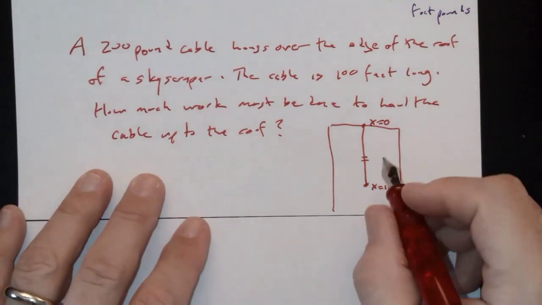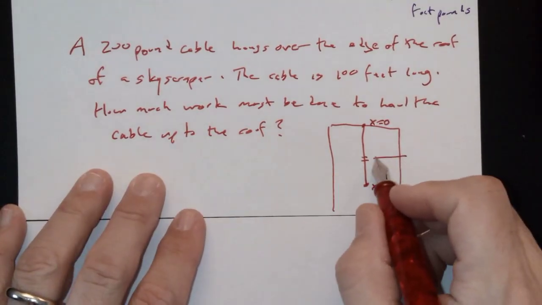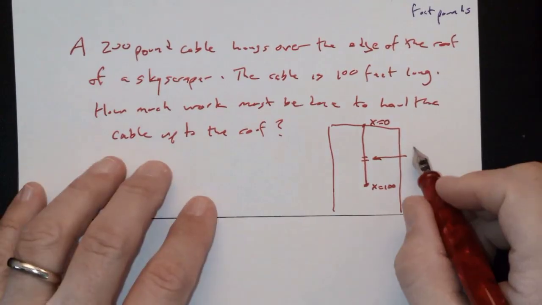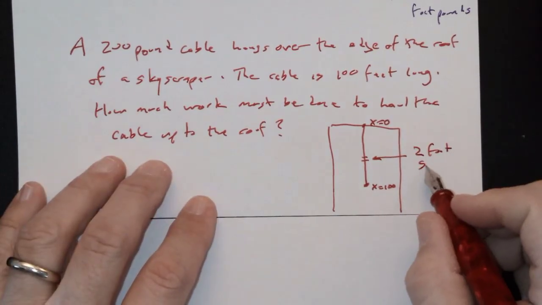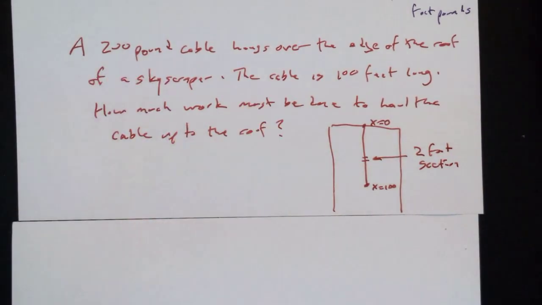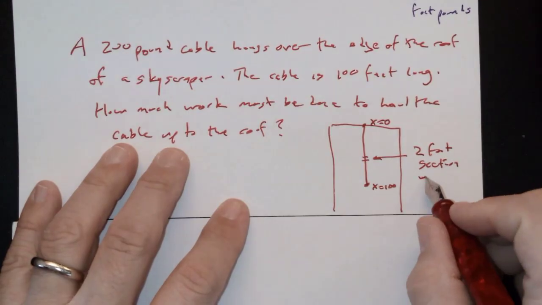Okay. If this piece is 2 feet, then how much does it weigh? The whole cable is 200 pounds. It's 100 feet long. So each foot of cable is 2 pounds. So that must be a 4-pound section.